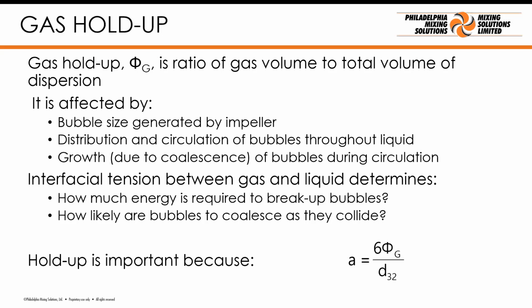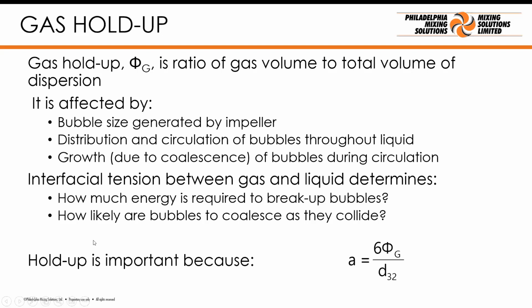Once they get away from the high shear zone, if they bump into other bubbles and the interfacial tension is high, the bubbles will coalesce. Generally, in the real world of the chemical industry, there's usually something dissolved in the liquid which will stabilize the bubbles, but it needs to be at least thought about: what's the tendency of the bubbles to coalesce once they move into the less agitated regions of the tank.